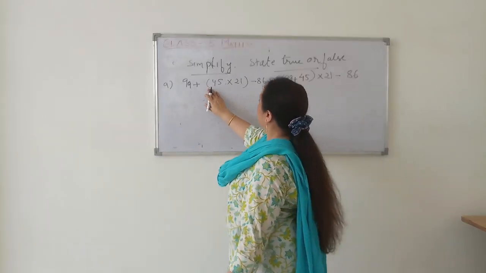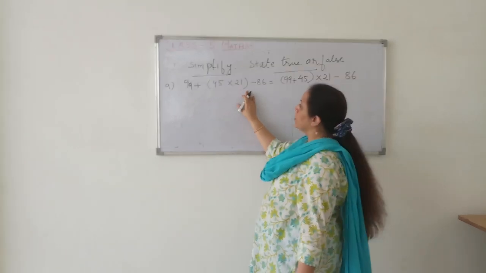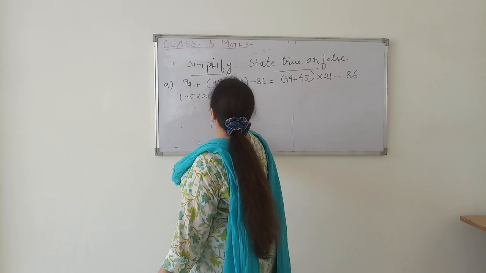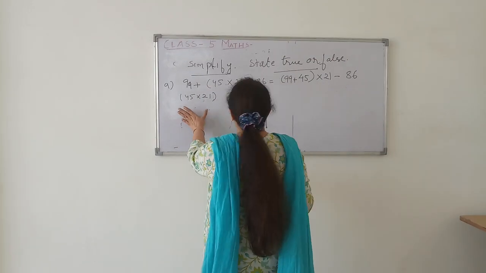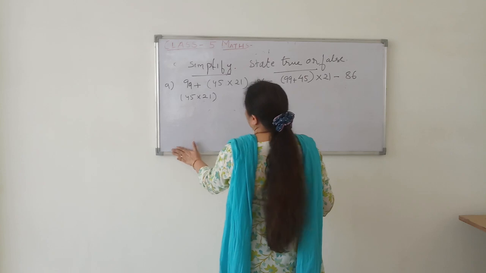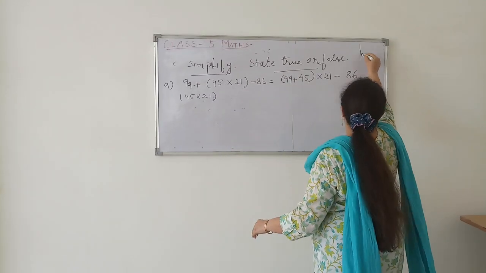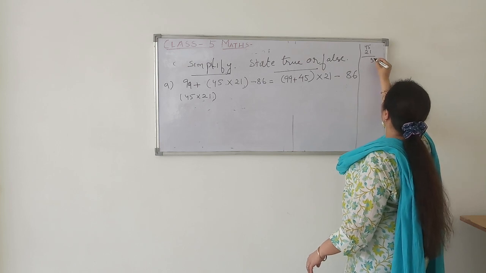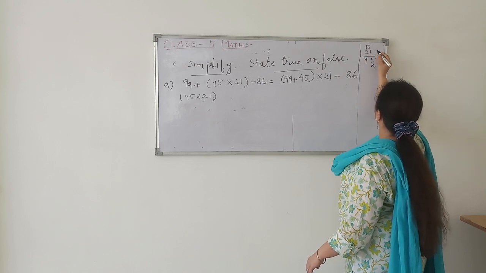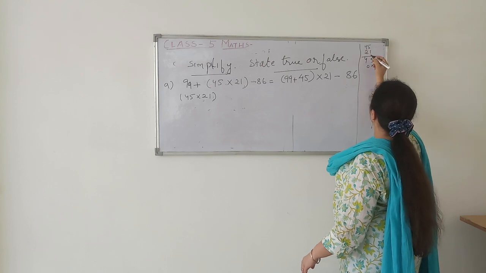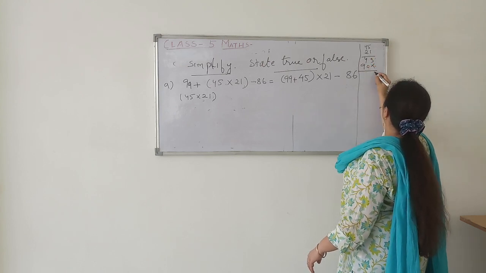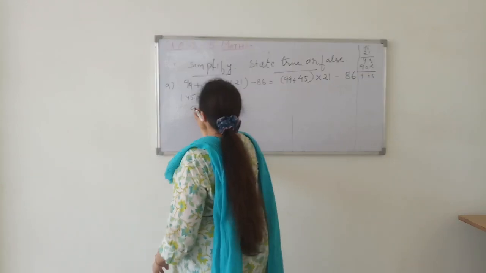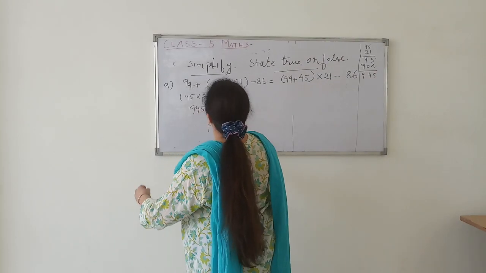First we will simplify the brackets. So in the bracket we have 45 into 21. So first we will simplify this one. After multiplying this, in the rough work, 45 into 21, we will be getting 945.